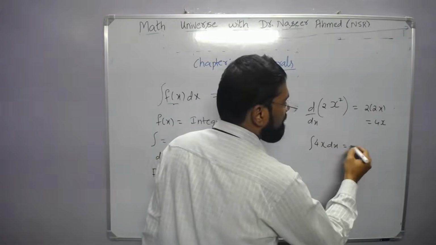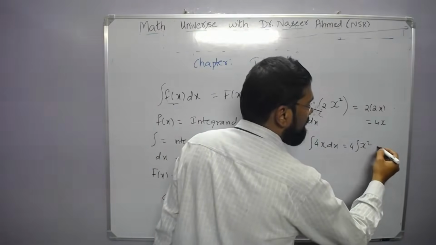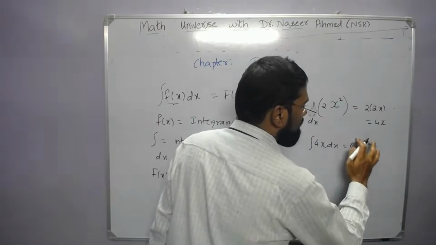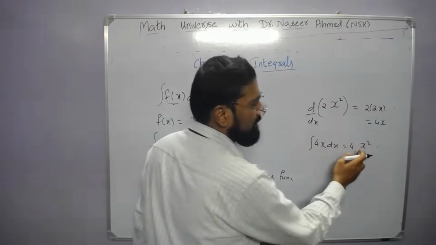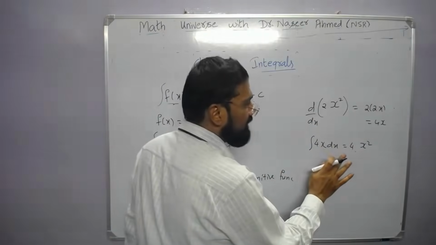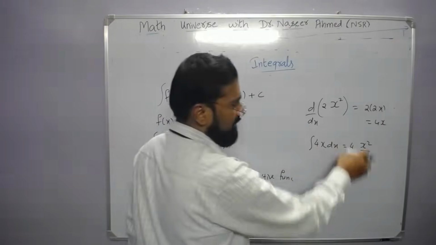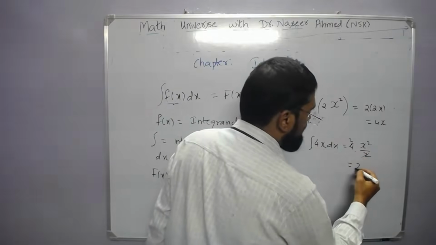Take 4 out, then the integration of x is x square by 2. 2 ones are 2, twos are, so the answer is 2x square.